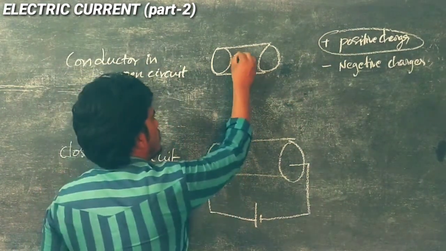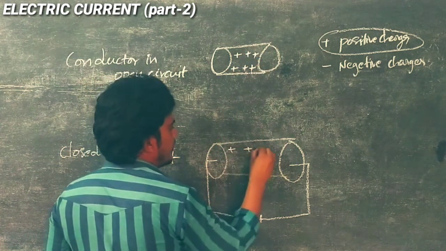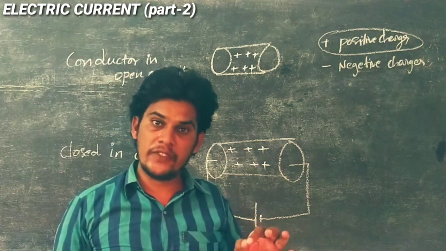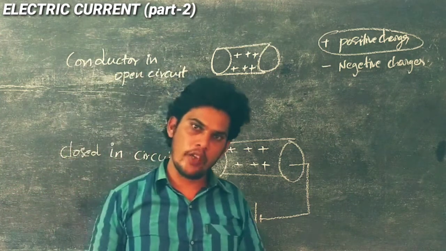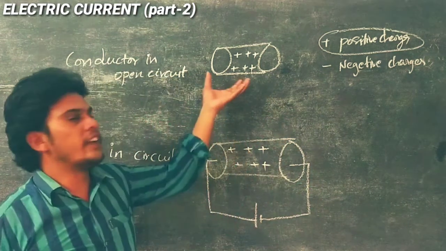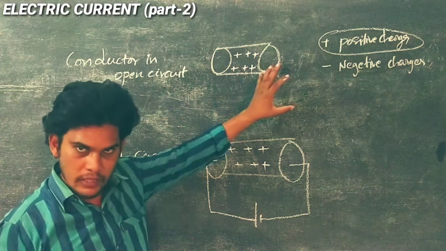Actually, the positive charges in any conductor are fixed in their specific place. The positive charges, the positive ions present in any conductor, are fixed in a particular position without any movement. There is no motion to them.